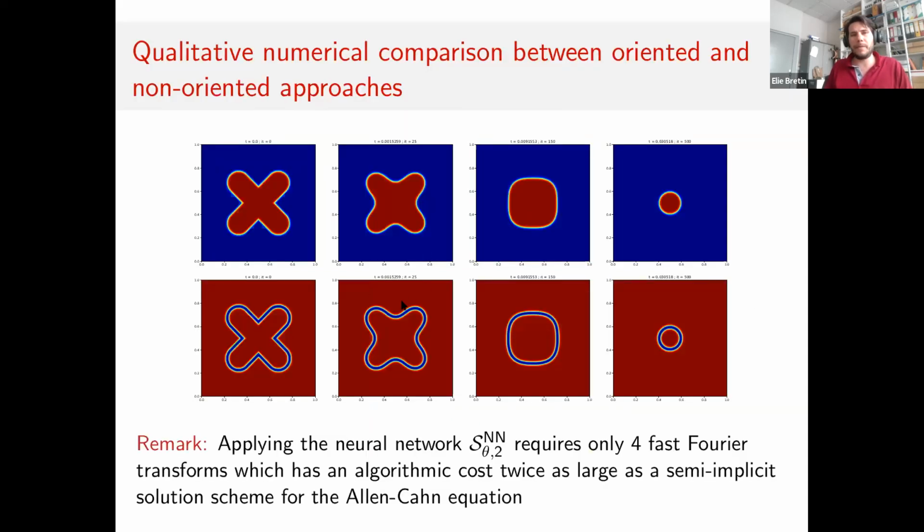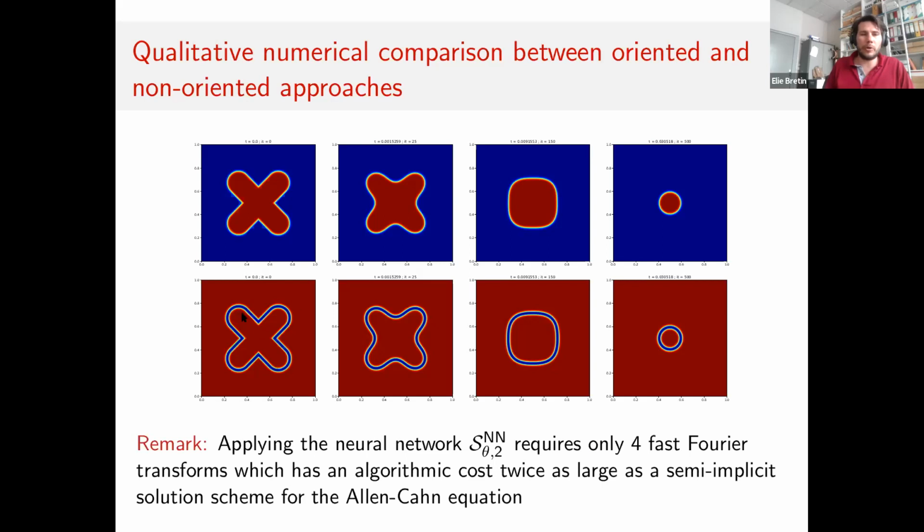And if we now compare an evolution in the orientable case and a non-oriented case with the same initial set, we see that the solution is very similar.